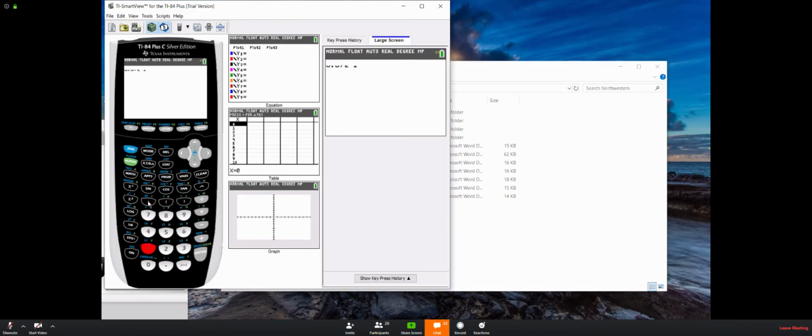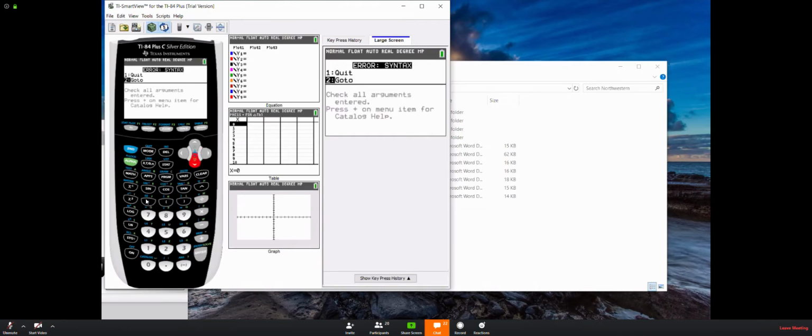E negative 11 times the mass of Earth, which is 5.98 E 24, divided by parentheses, the radius of Earth, 6.37 E6, and that gets raised to the second power. What did I do? That's the wrong minus sign. Okay, and I think it's good.